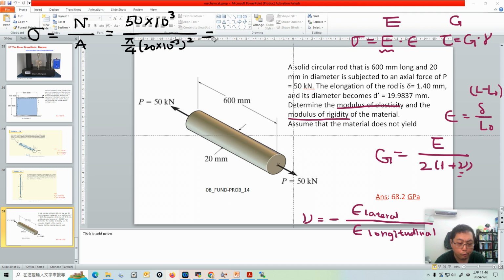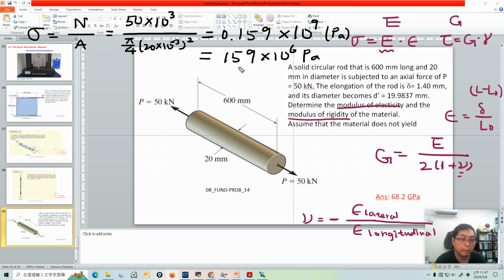So it's 0.159 times 10 to the power 9. Wow, that's a very huge value. So it's 159 times 10 to the power 6 Pa, so it's 159 megapascal. I hope my calculation is right.